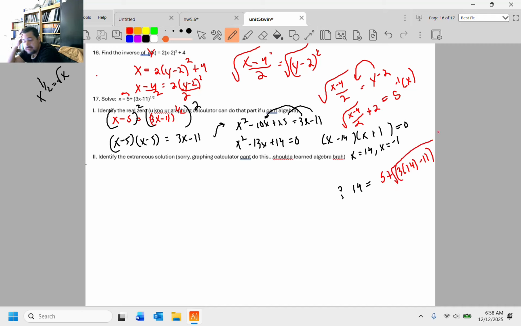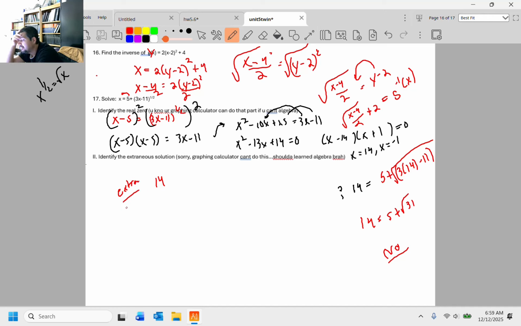So 3 times 14 is what? 42, right? Seems right. And 42 minus 11 is 31. So is 14 equal to 5 plus the square root of 31? No, it's not. So the extraneous answer was 14.